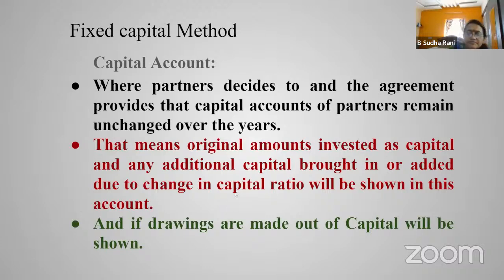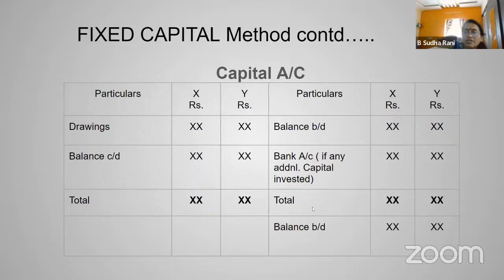This is a theoretical part. See this capital account under the fixed capital method, balance brought down, balance carried down. You may say, ma'am, you said nothing else to take, so what are you saying? See, these two, the drawings and this bank, will not come in routine problems. Very rarely, only in additional problems they'll give them.